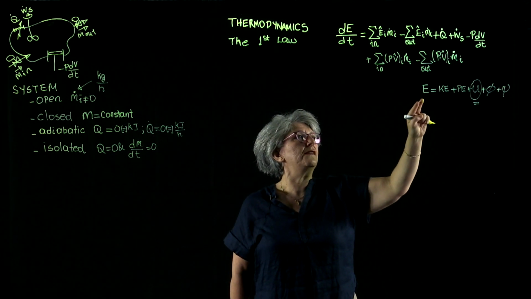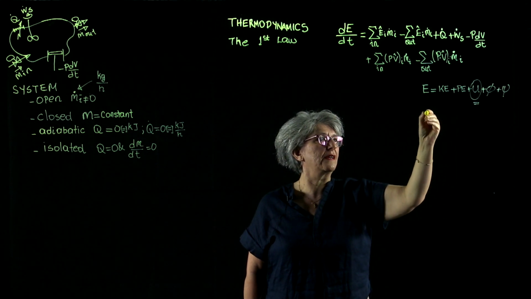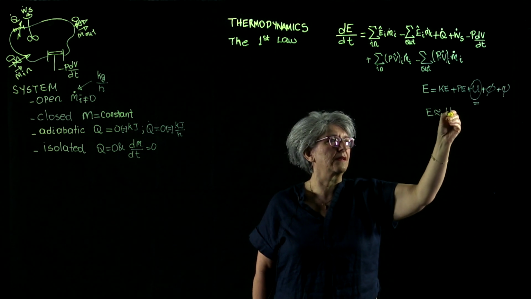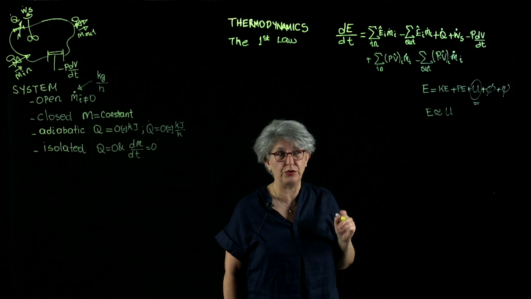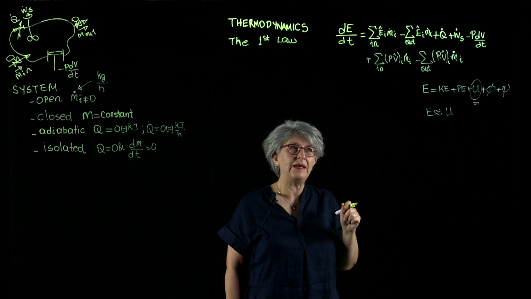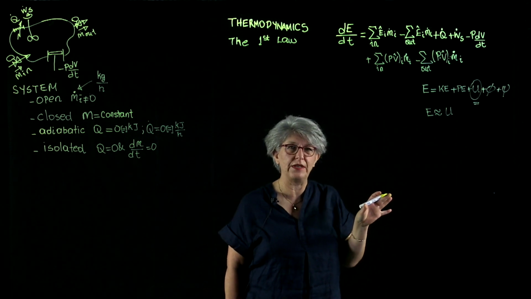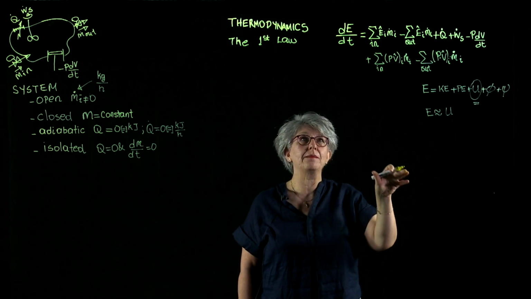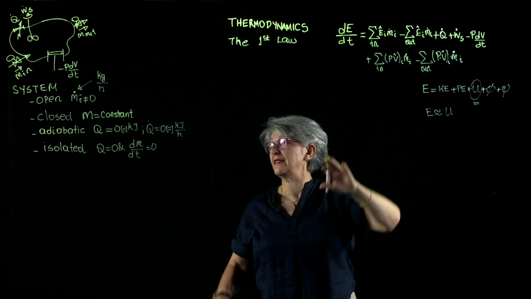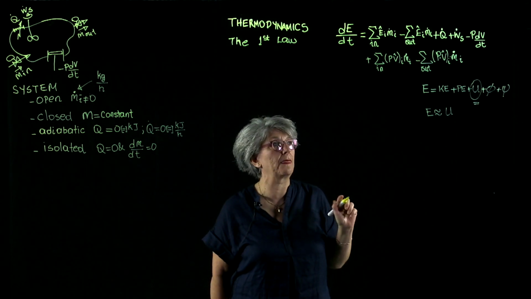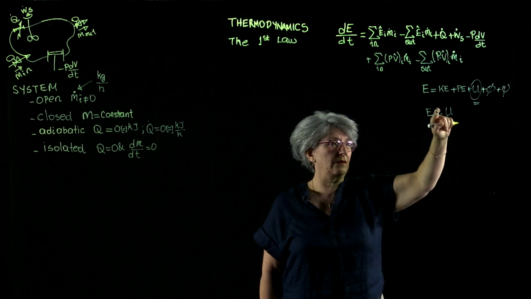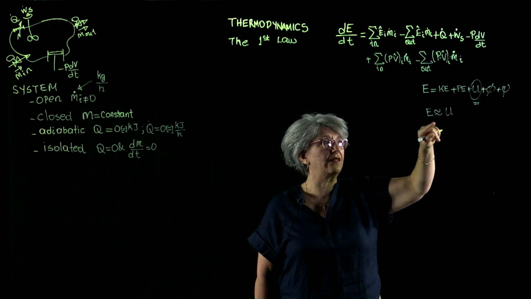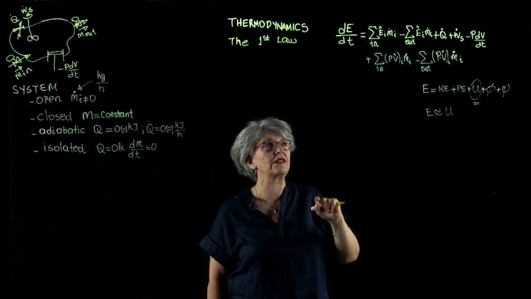If I simplify energy in terms of internal energy, what I mean is that the other forms of energy may exist, but they are not relevant in the time frame of our interest or in the system boundaries that we are interested in. I wrote the approximate equal, that energy is approximately equal to the internal energy.